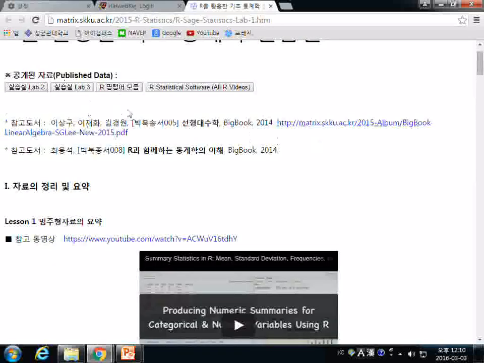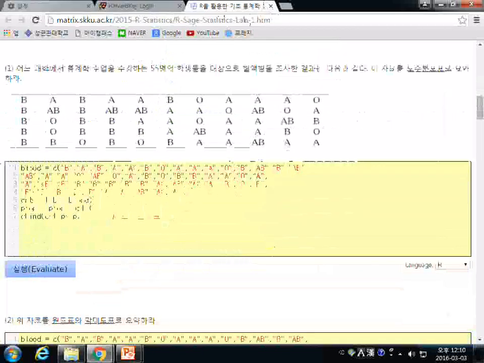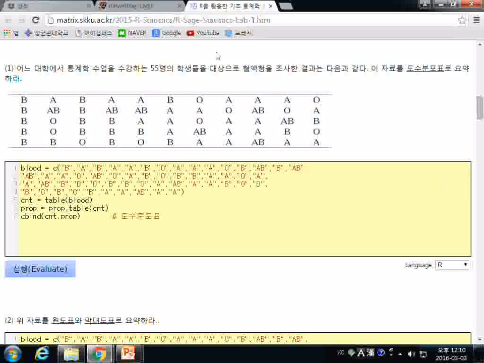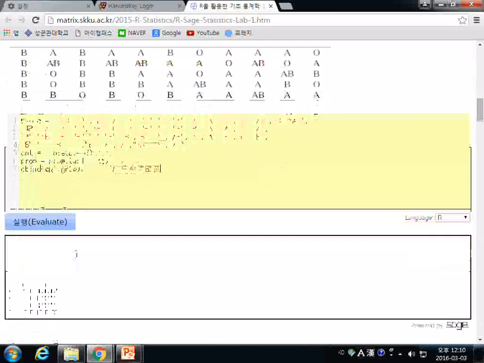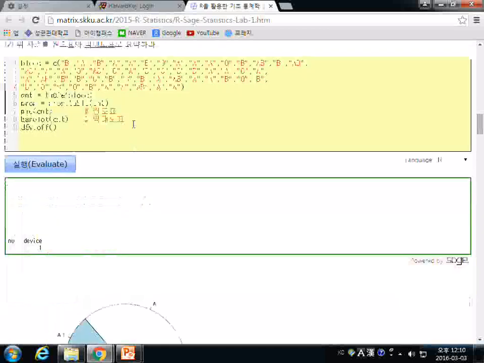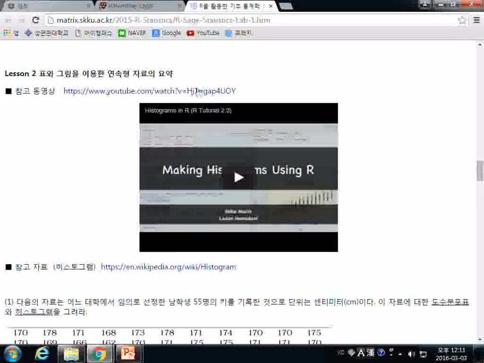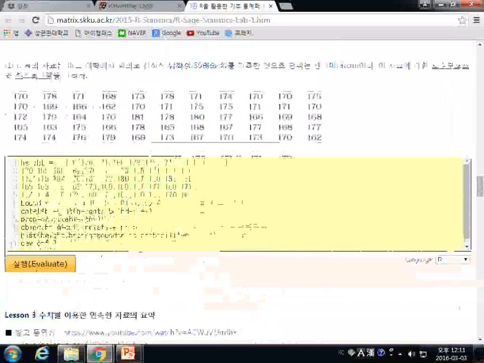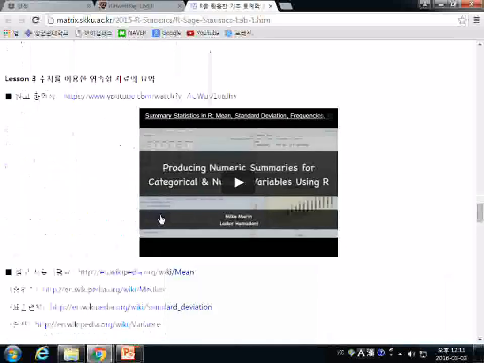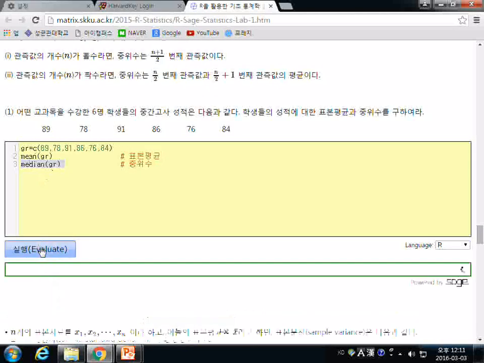This is an introductory course, and I have two labs on statistics. Here you can use a language made in R. From R, you can draw charts, bar charts, and circle charts, or you can follow lectures on statistics using R. We can find histograms, and the means and medians of these data.